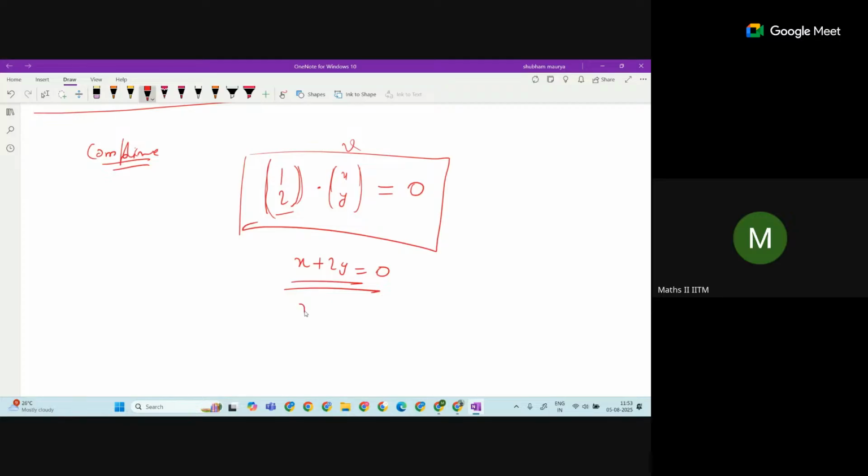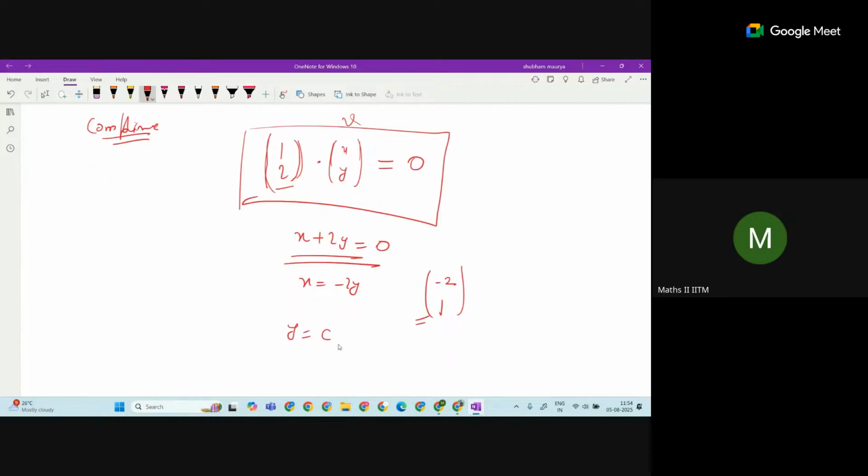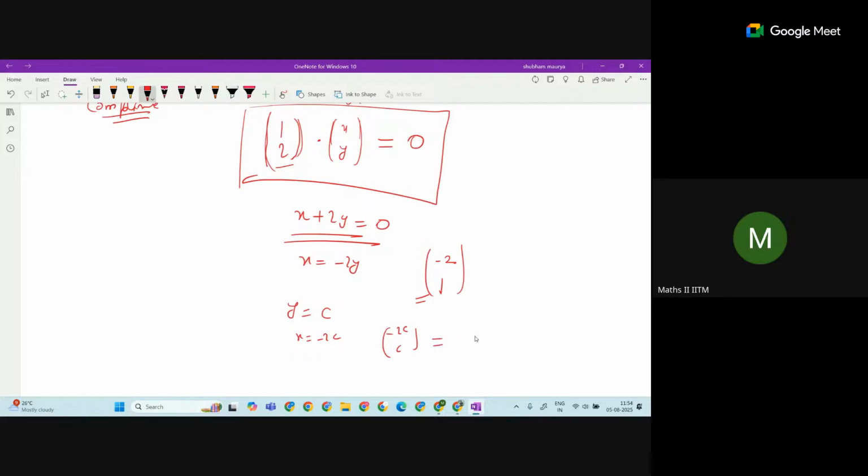You can write x is equal to minus 2y. Now you can give y the value 1, then you get x value minus 2. So this is one solution. Now you can change the value. You can take y equal to any scalar c, then x is equal to minus 2c. So finally you get minus 2c and c, which is c times minus 2 and 1.